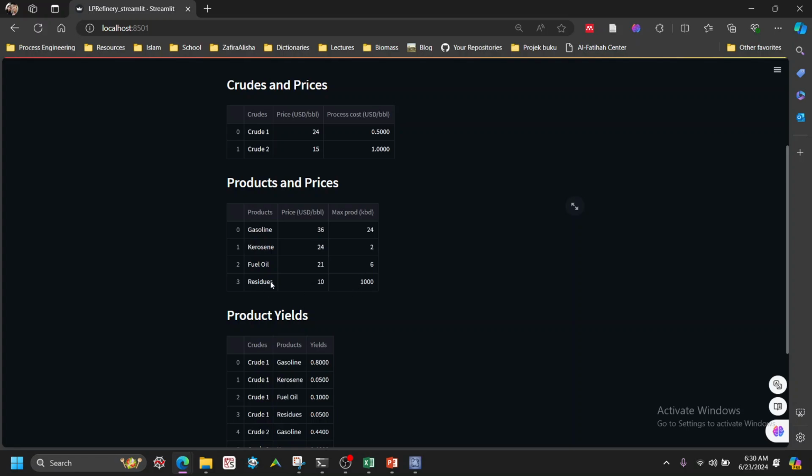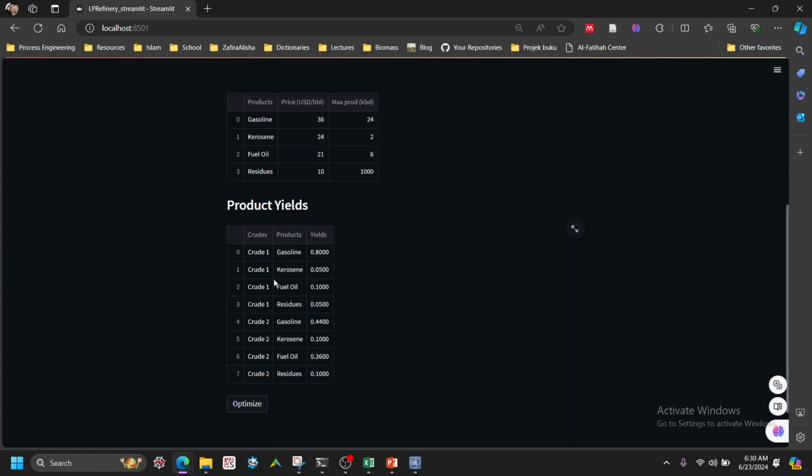I put a dummy high number for residue because residue is not a constraint, and then the yields of crude one for every product, and then crude two for every product, which is basically in this Excel file.